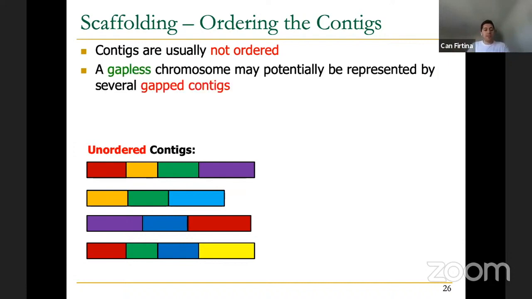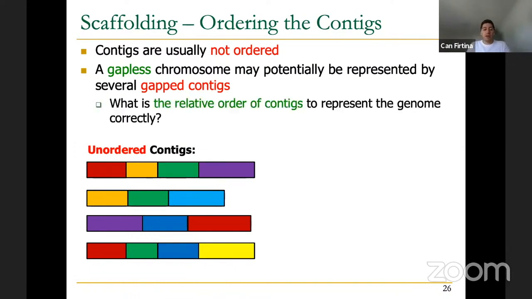What we want is a gapless chromosome, and we know that a gapless chromosome may potentially be represented by several gapped contigs, right? Because we don't know the order between them. The question is, what is the relative order of contigs to represent the genome or the chromosome correctly? This is what scaffolding is answering, or is achieving to solve.